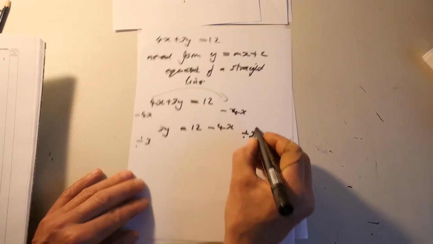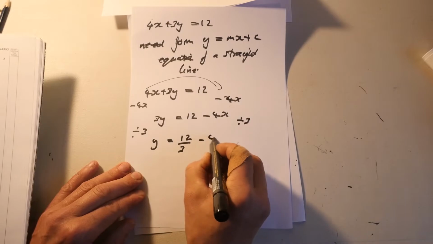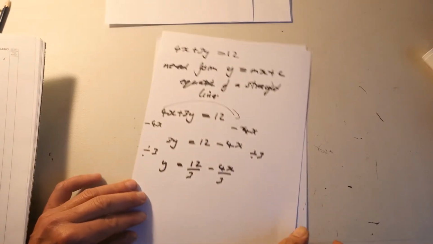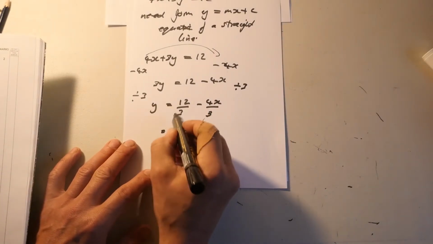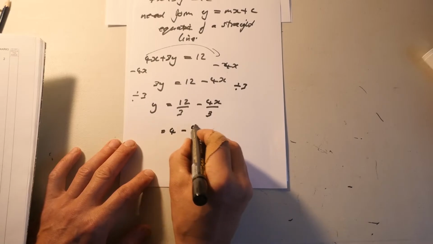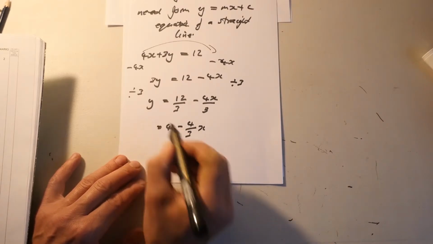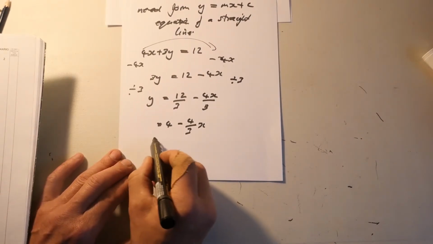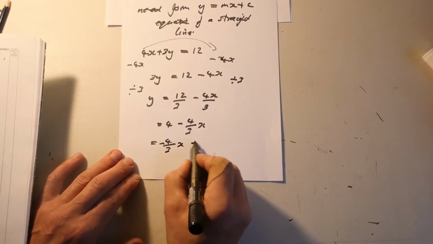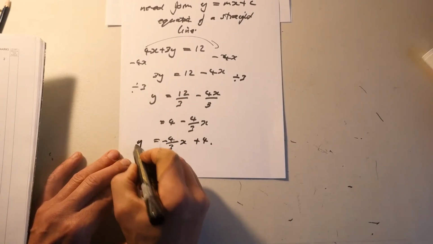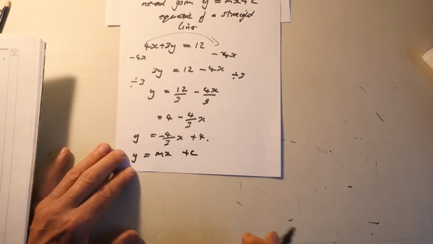So you get y equals 12 divided by 3 minus 4x divided by 3. 12 divided by 3 is 4, so that could be written as y equals minus 4 over 3 x plus 4.